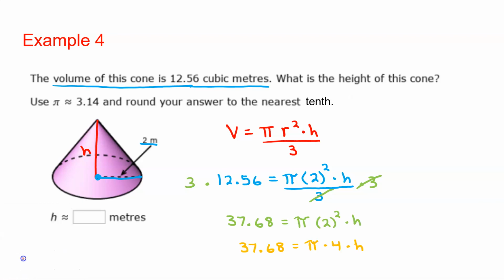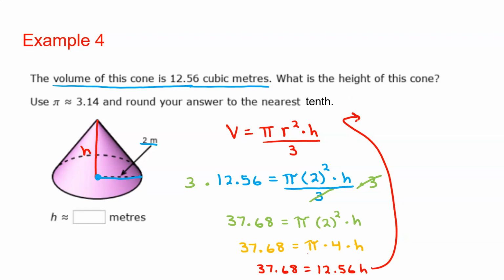What I would prefer to do here is multiply pi times 4, or 3.14 times 4. What is 3.14 times 4? What's pi times 4? I'll end up with 37.68 is equal to 12.56h.